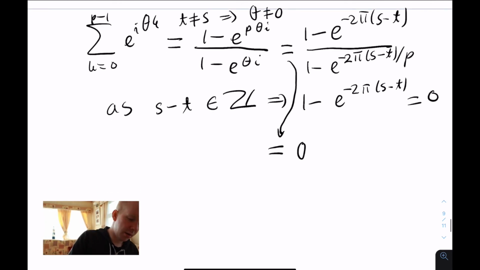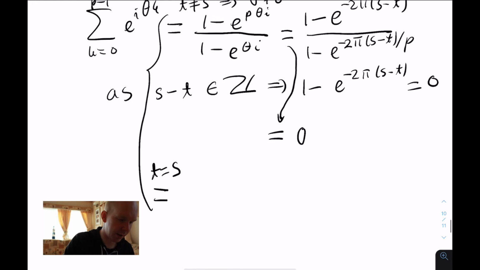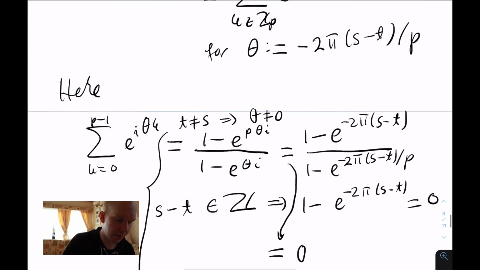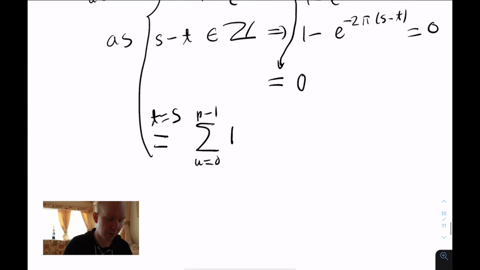And so this is in the case when t is not equal to s. And if t is equal to s, then this is just equal to a summation of k from 0 to p minus 1, and this is actually then a summation of ones.